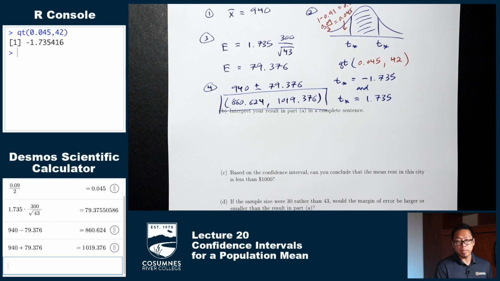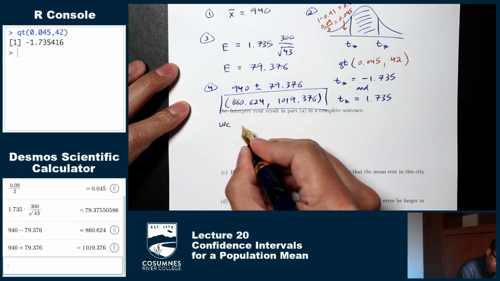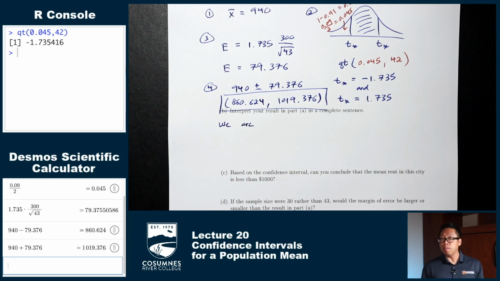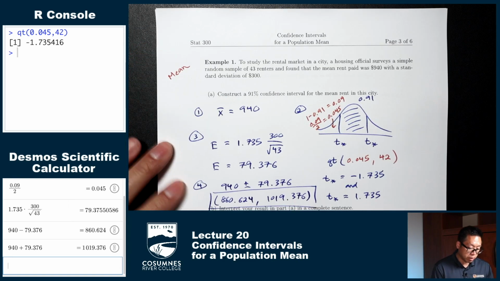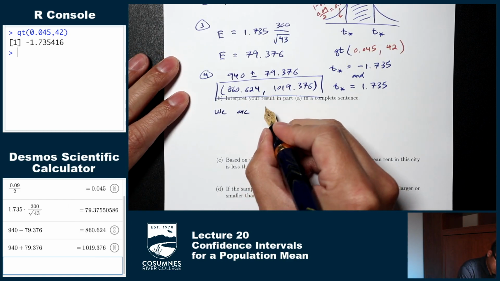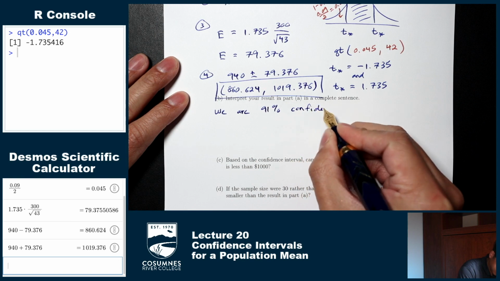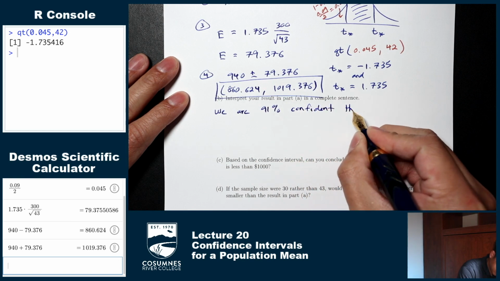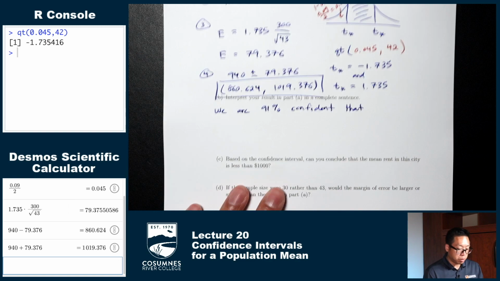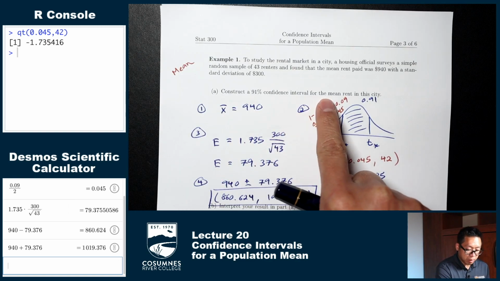Part B. So part B is writing the interpretation sentence. This is the type of sentence I want you to write for all of these. So start off with we are. State your confidence level. So our confidence level here is 91% confidence. So we are 91% confident that, and I usually just copy this part here, confidence interval for the mean rent in this city.